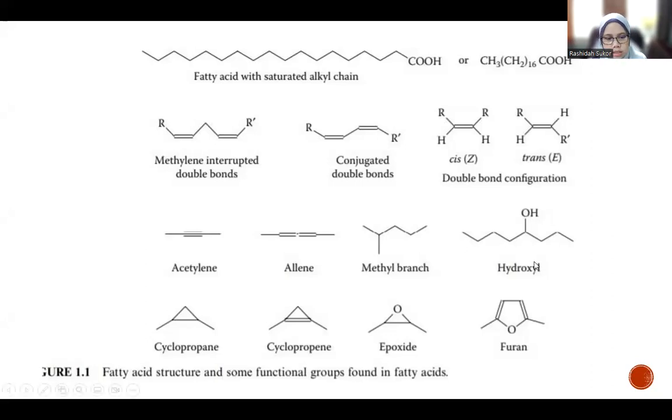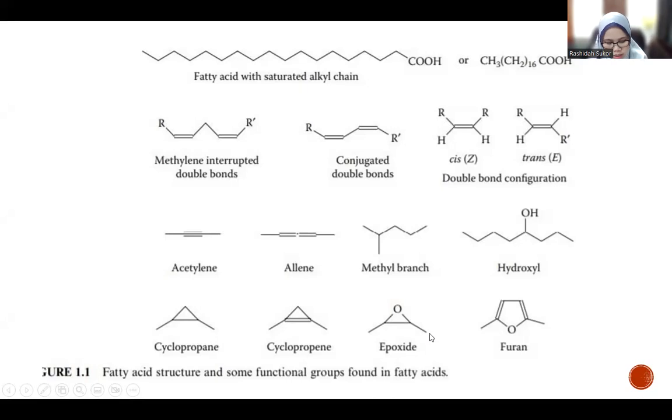And then we have the hydroxyl. This is what we call the special structures, with either a triangle or a pentagon. So if you see something like this, it is cyclopropane, cyclopropene, or epoxide.